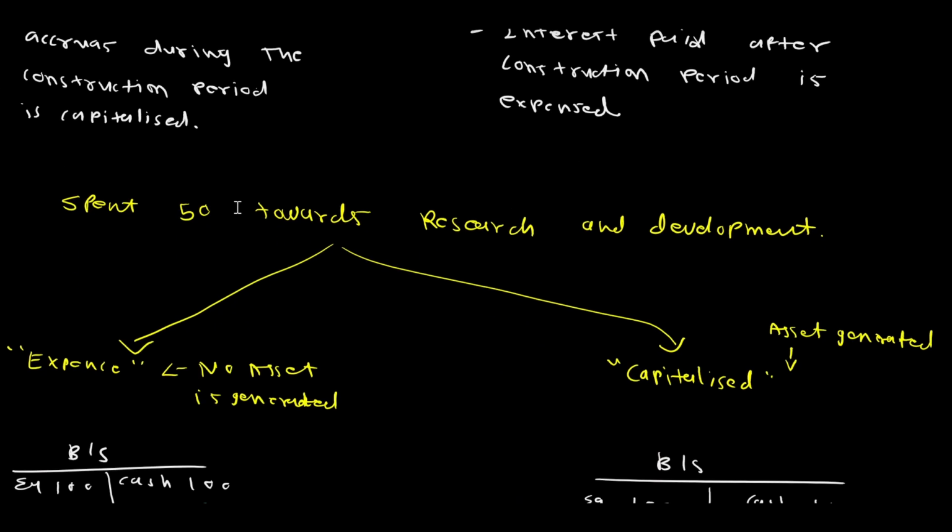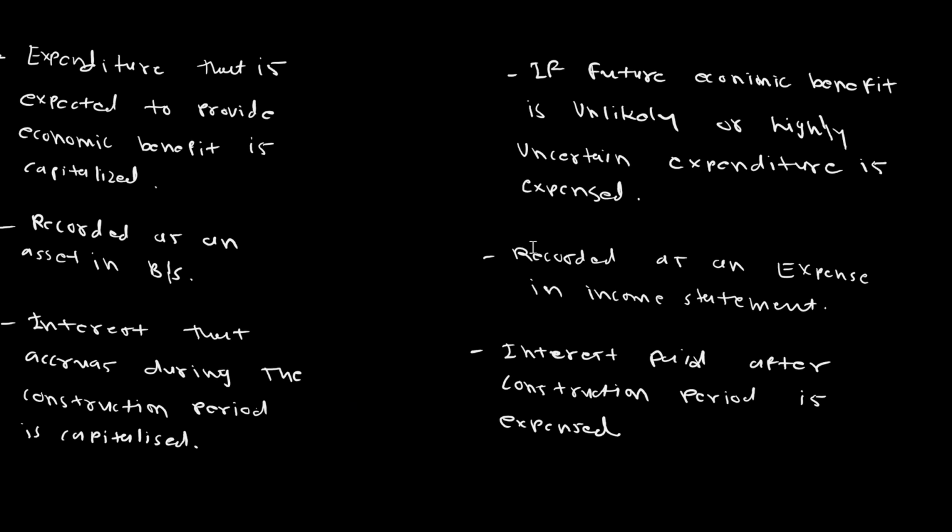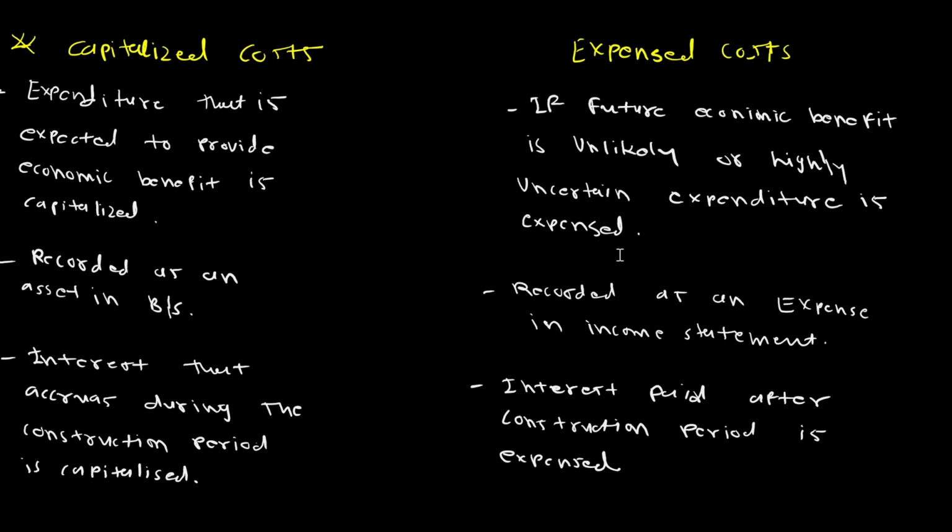For example, let's discuss this also. When capitalizing, the company records an asset in the balance sheet, and in the expense case, the company records that expense in the income statement.